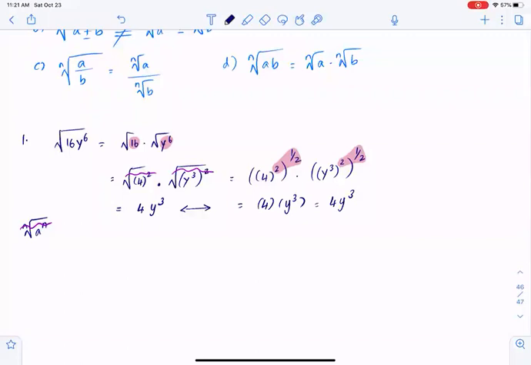So if it is a square root, the expression inside the root must be written in terms of the second power. If it's a third root, you have to write the number inside the radical in terms of a cube or a third power.